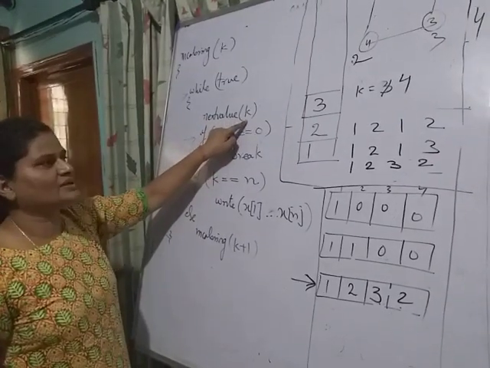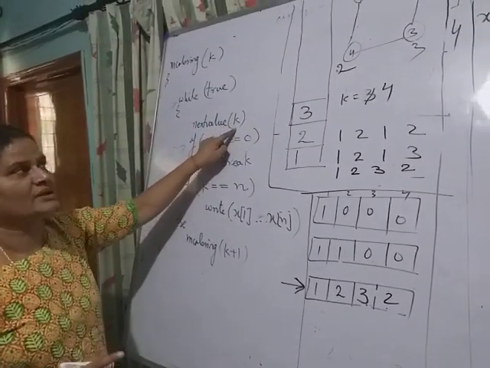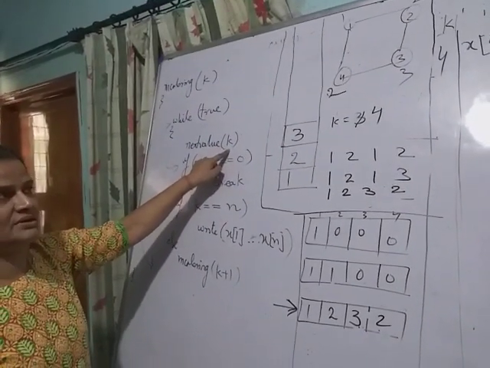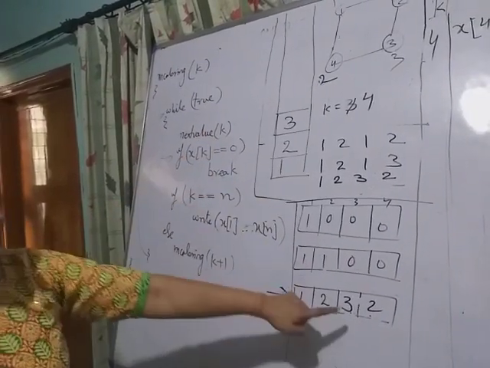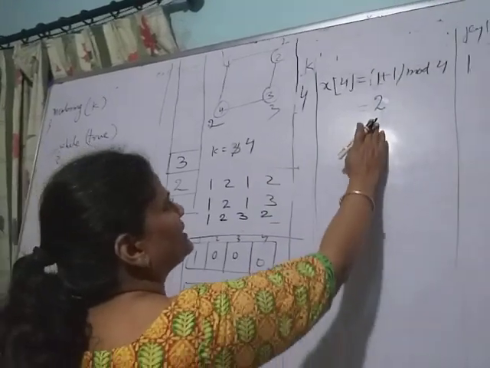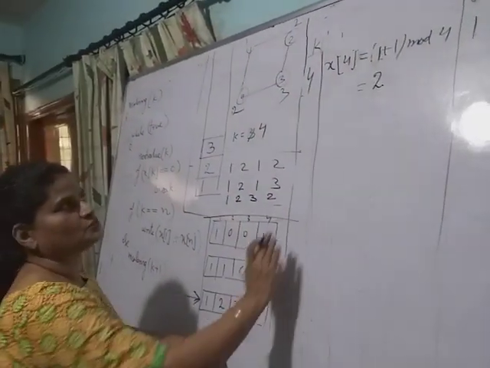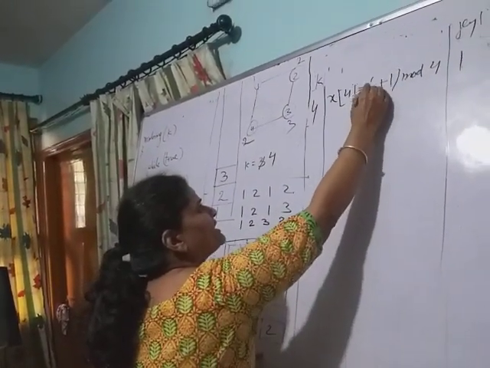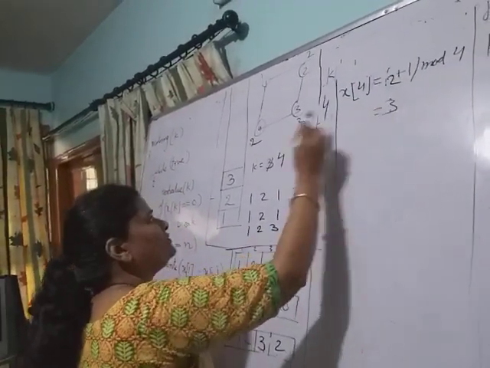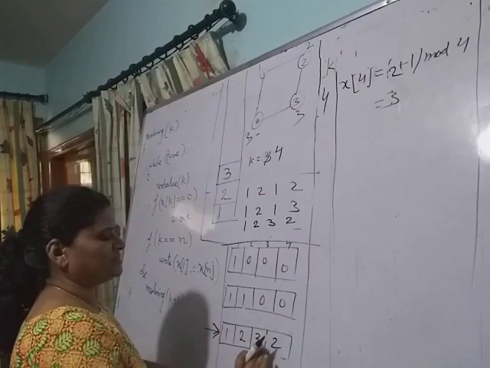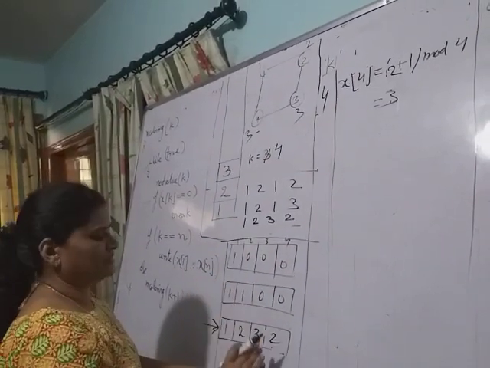Now the next value, at this time k is 4. Is there any other possible option other than 2? For the fourth vertex, x4, the current value is 2. So 2 plus 1 is 3. You know that 3 is not feasible, okay?